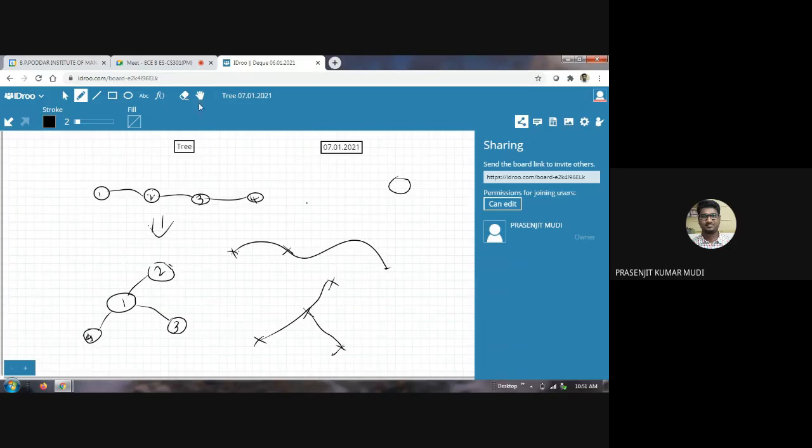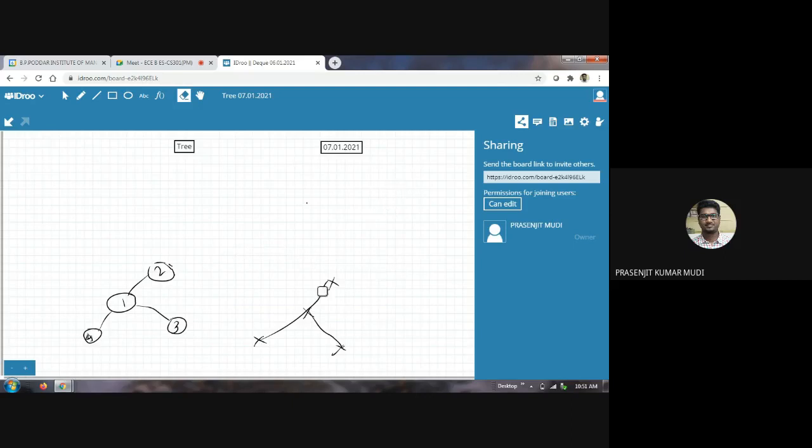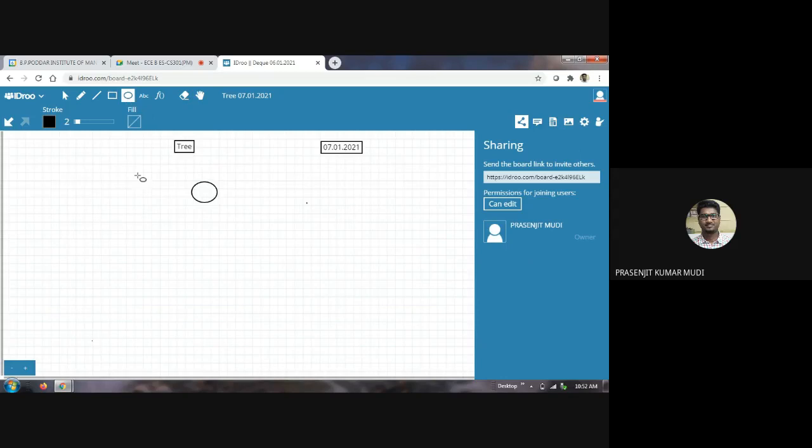The name is very familiar to all of you. You have heard of a family tree. Suppose this node represents the father of a family, the parent.